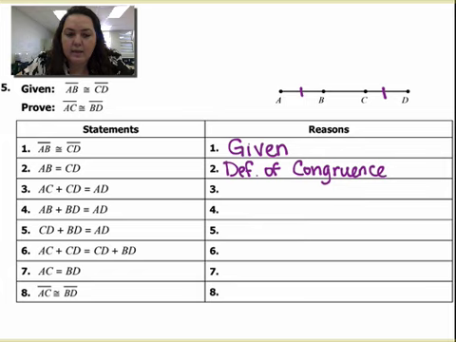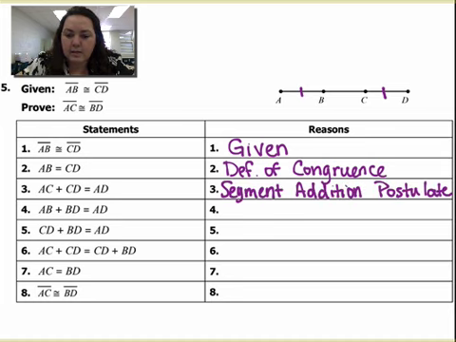And then I can say that AC, so from A all the way to C, plus CD is equal to A all the way to D. Okay, that's by the segment addition postulate. And then I can also say that AB plus BD is equal to AD. So it's just another way of writing the same thing, segment addition postulate.